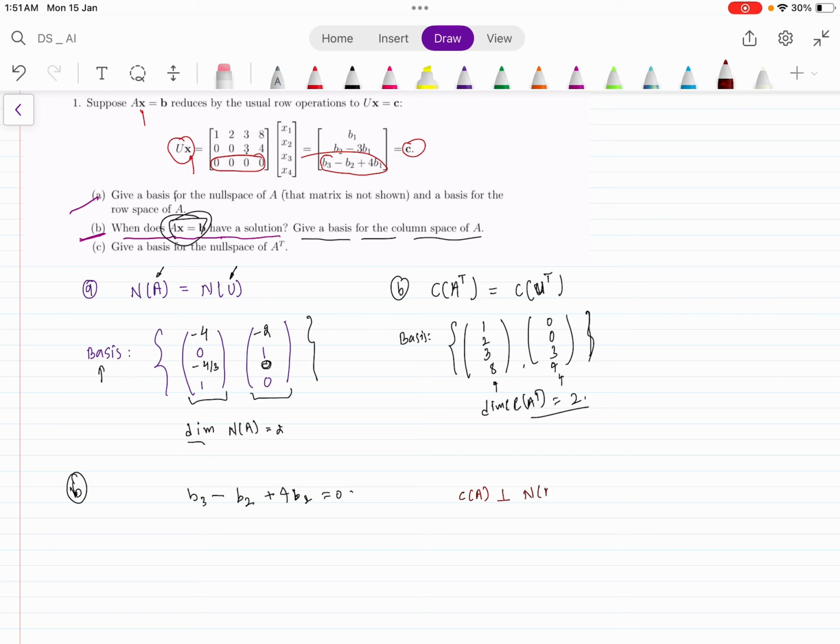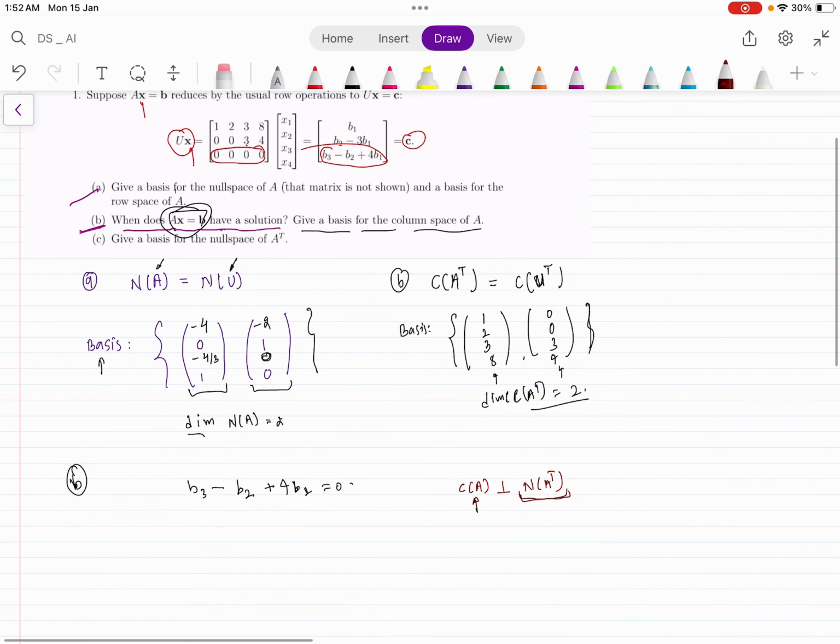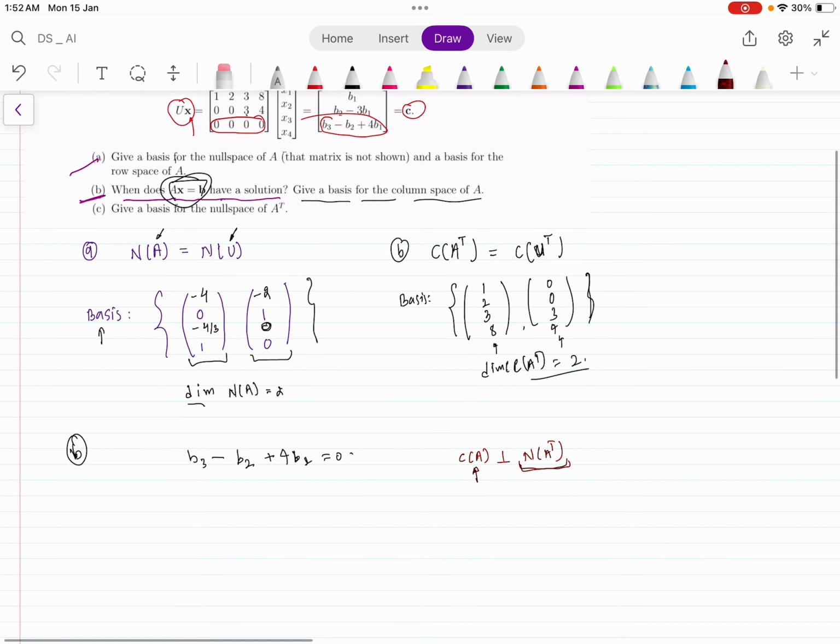So if we can find this left null space, we can take the dot product with this left null space, that will be 0, and maybe we can find the basis for your column space. So let me do that.